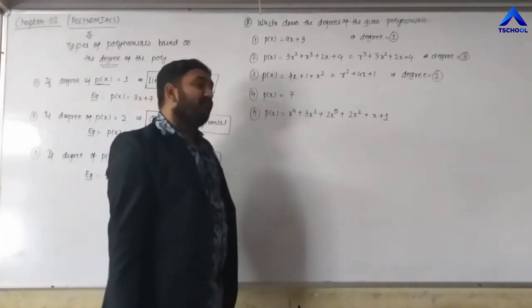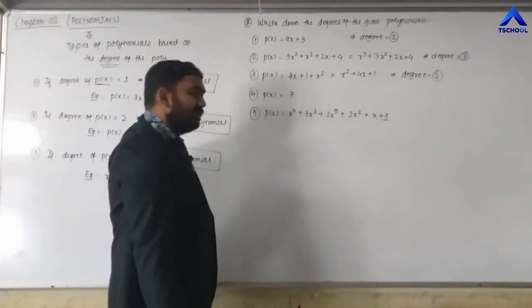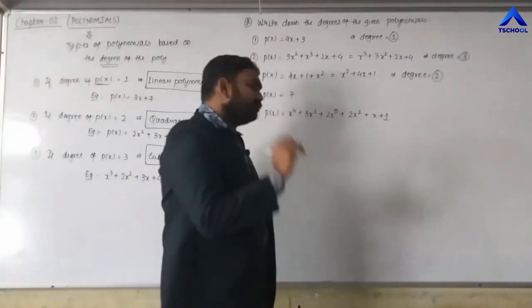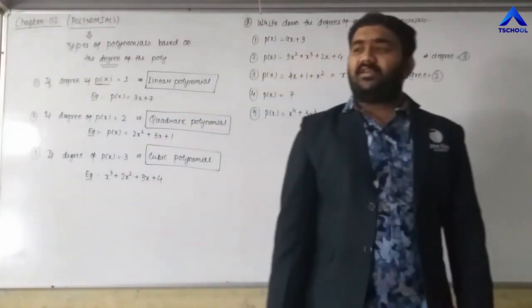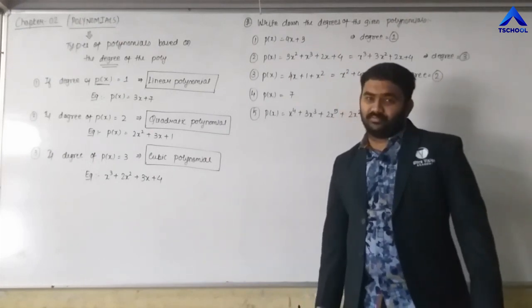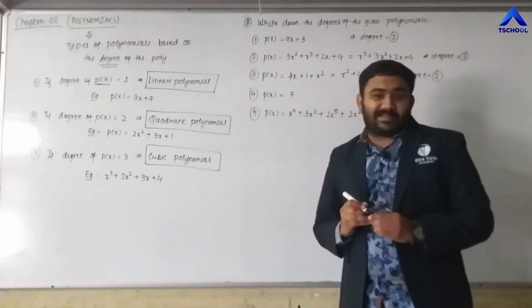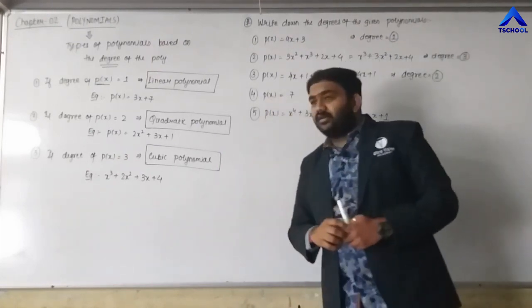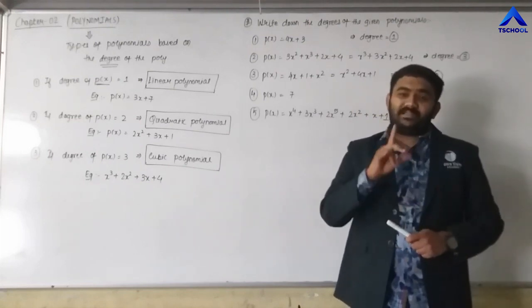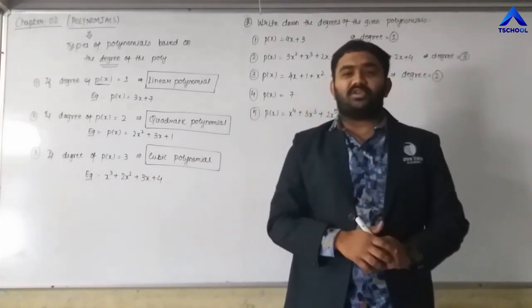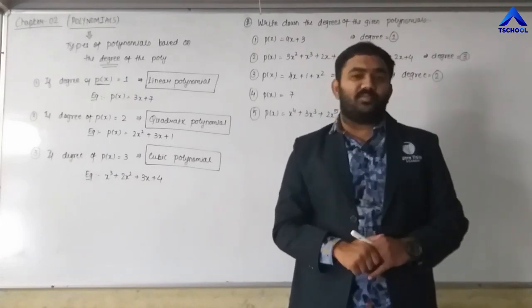Looking at the fourth example, the polynomial given is equal to 7. Notice friends that the polynomial given here is only a number 7, that is a constant term. And in class 9 we have discussed that a polynomial having only a constant term is known as a constant polynomial or a zero polynomial.